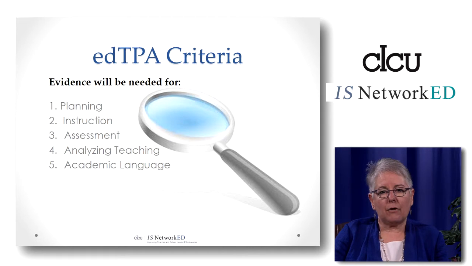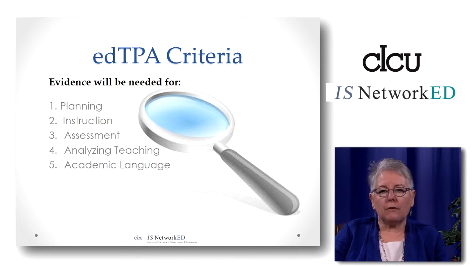edTPA stands for Educational Teacher Performance Assessment. Each teacher candidate will be required to complete 3 or 4 tasks which will lead to state licensure in their certificate area. The required performance tasks will be scored using criteria in 5 areas: planning, instruction, assessing student learning, analyzing teaching, and academic language.